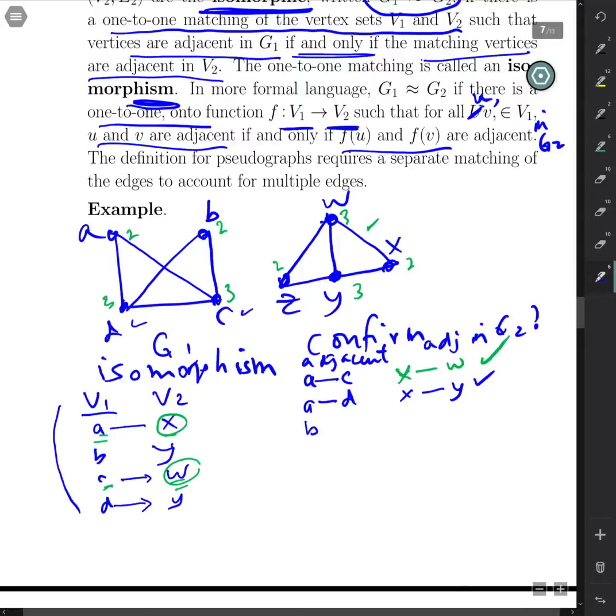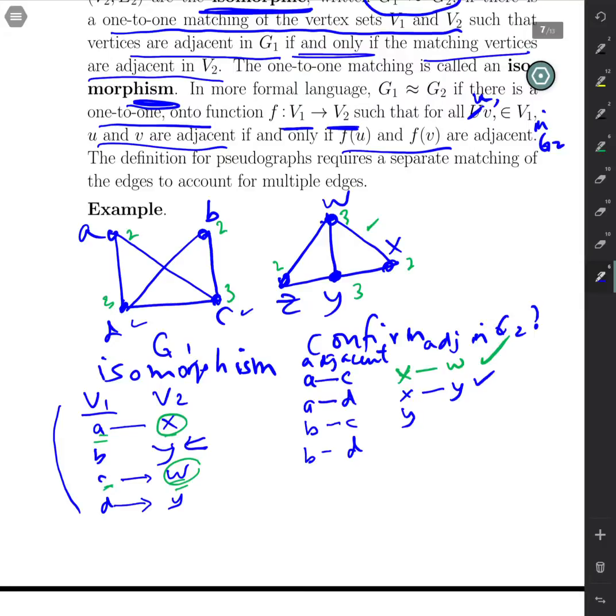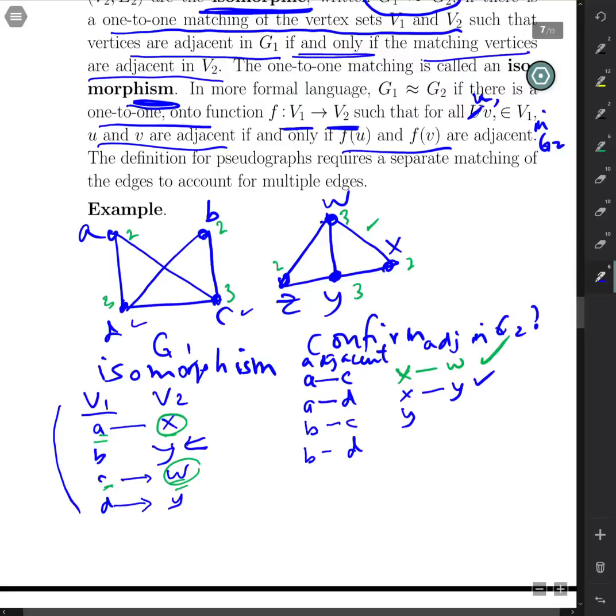And then B is adjacent to C, and B is adjacent to D. And let's just check those out. B matches up to, that's not right. B matches up to, that should have been a Z. Right, a Z. Whoa. How did I do that?